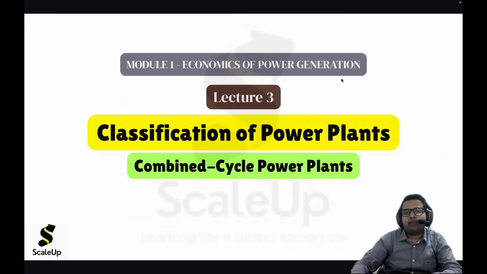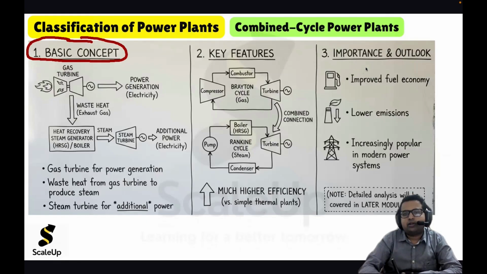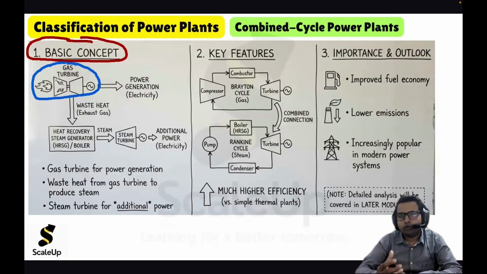Combined cycle power plants. Let us talk about the basic concept of combined cycle power plants and how they work. The mechanism is like, let us suppose we already have a gas turbine power plant. In that gas turbine power plant, we burn the fossil fuel, it generates heat that makes hot gases.